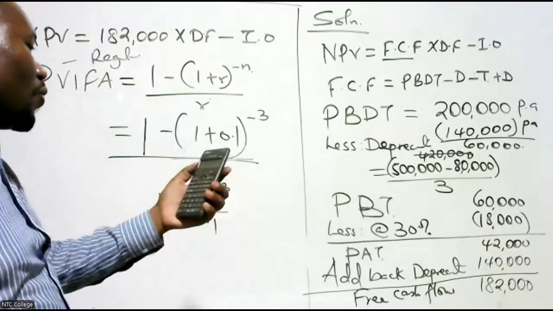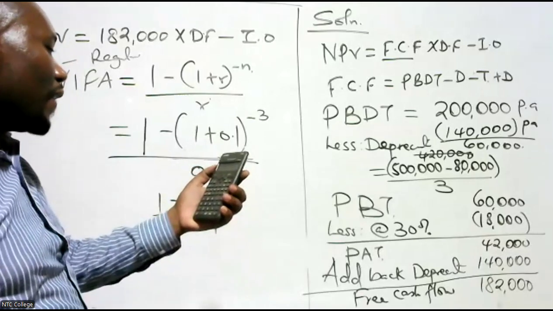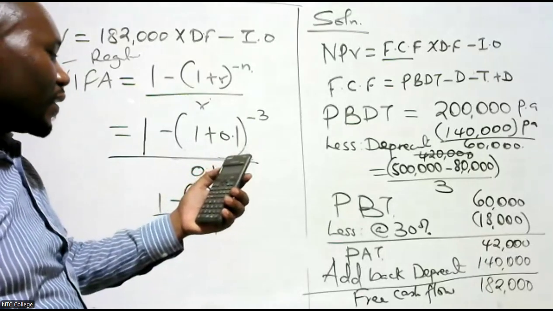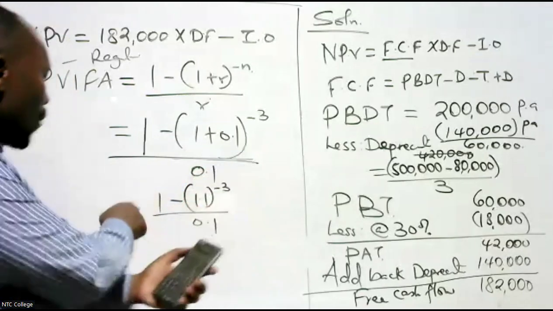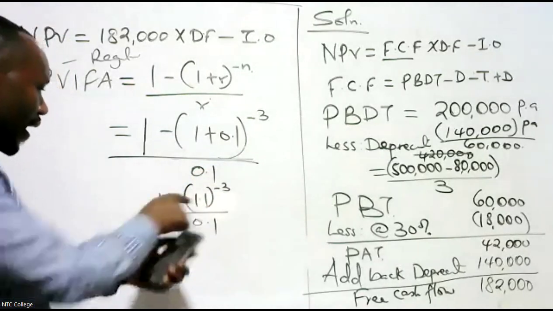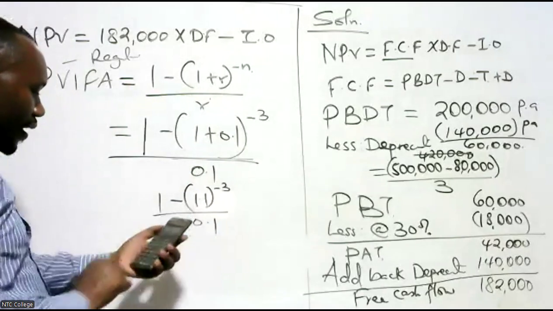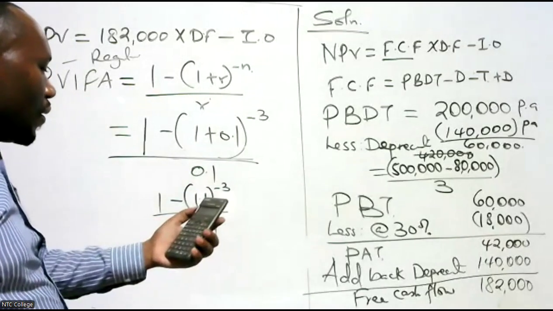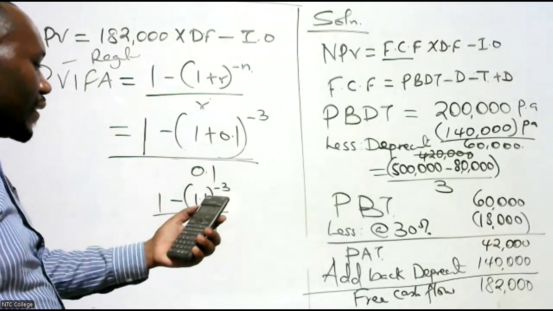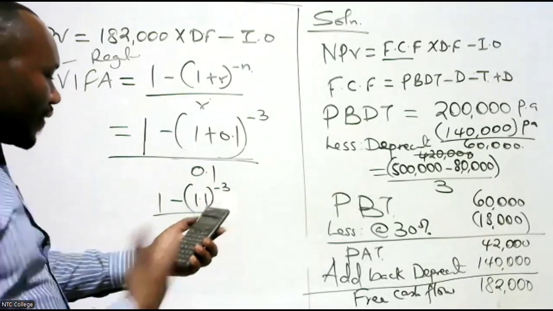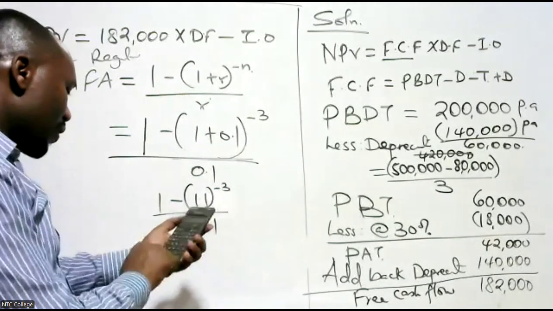I'm getting something like 0.7513148. So I take 1 minus the answer, I'm getting 0.24865. But then I can now divide it by 0.1.